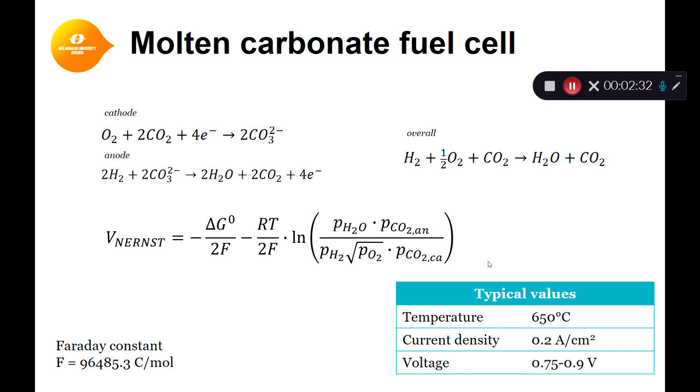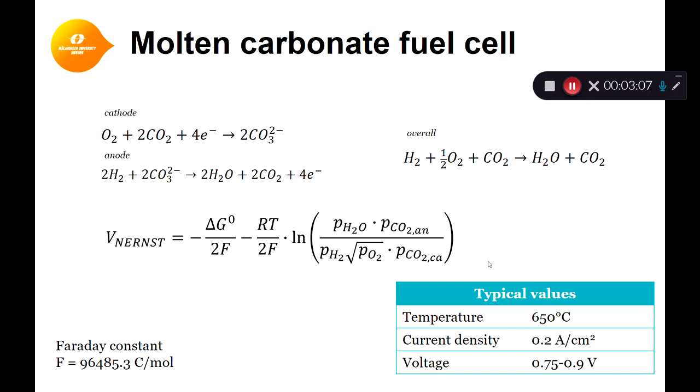Typical values for the temperature in molten carbonate fuel cell is around 600 or 650 degrees centigrade. Current density is usually quite low for this type of fuel cell. 0.2 amps per square centimeter is a common value, which, depending on exact temperature and exact fuel composition, will give a voltage in between 0.75 and 0.9 volt for each cell.